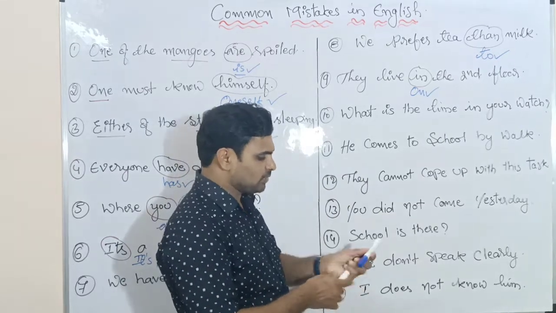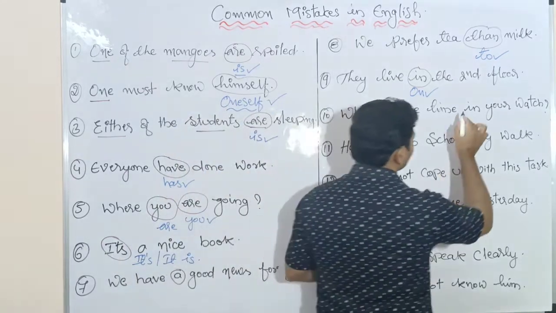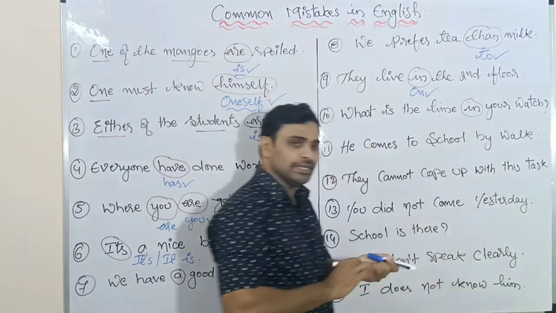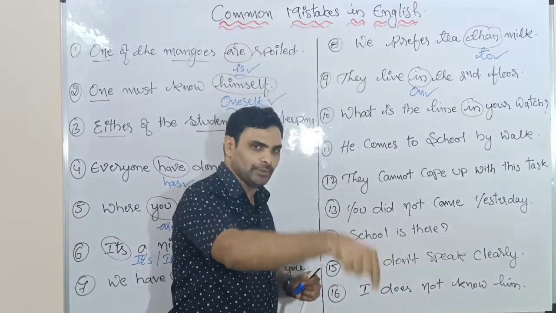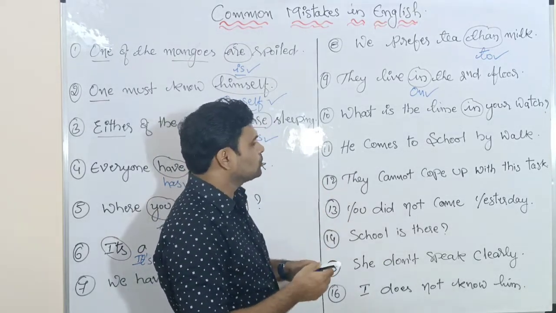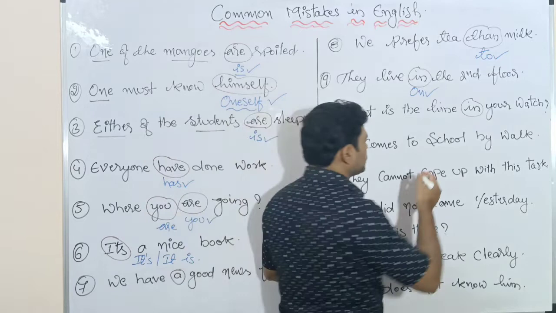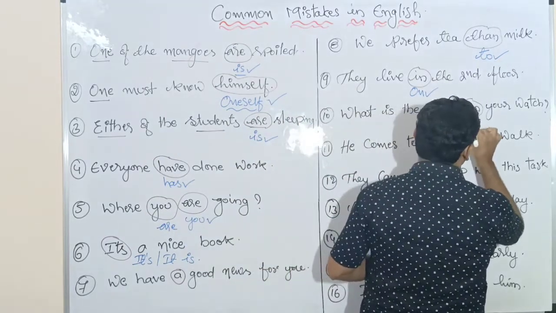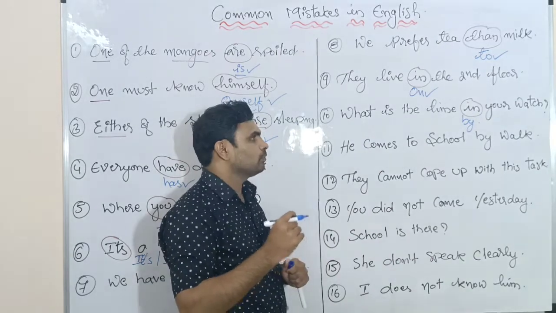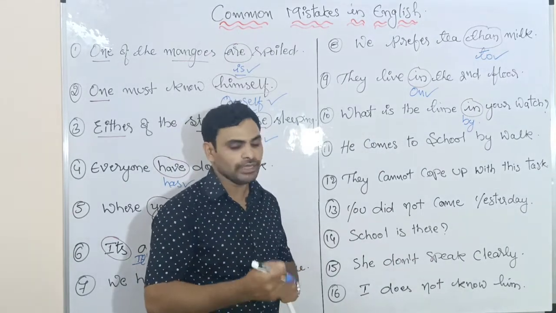But again there is a mistake with regard to in. Again, in refers to the volume, that depth. So in the place of in, kindly use the preposition by. What is the time by your watch?